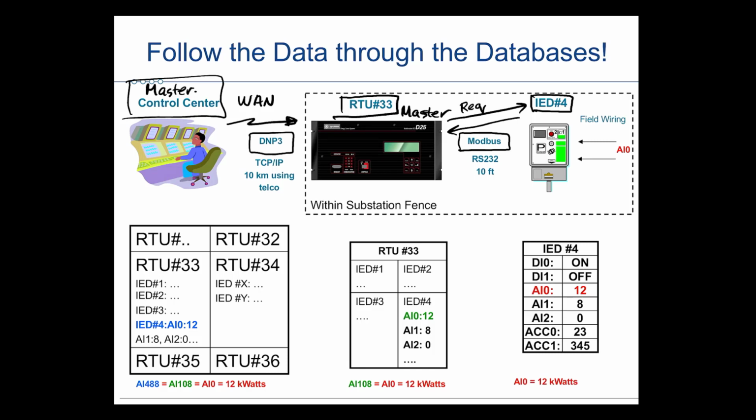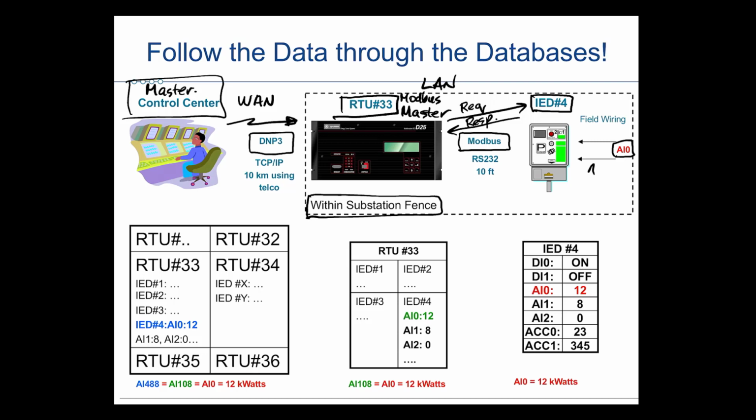So this is where RTU 33 is our Modbus master locally at the substation. This is all within the substation compound, right? So this is local. So at this LAN, we have in this case a GE RTU, a D25, sending out a request to IED number 4, getting a response, a Modbus response, of course, and it's using a Modbus request to look for AI at address 0.